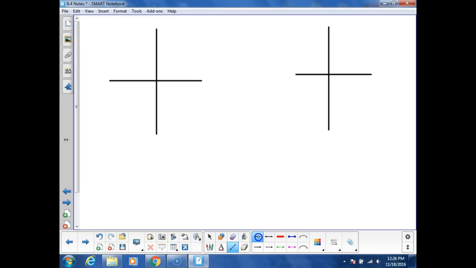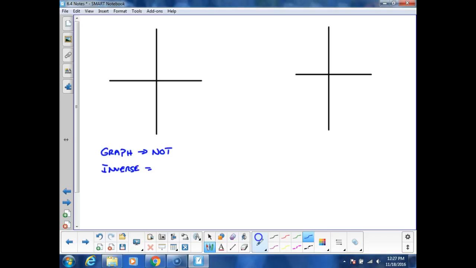Okay? With me? Think about it, one where the graph is not a function, but the inverse is. I don't know, you tell me. Draw one where the graph is not a function and the inverse is a function.